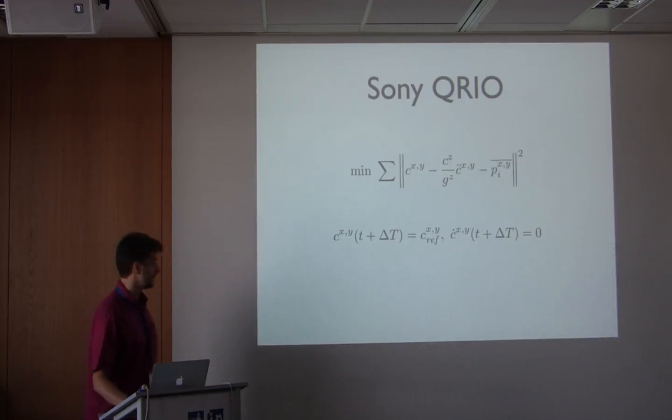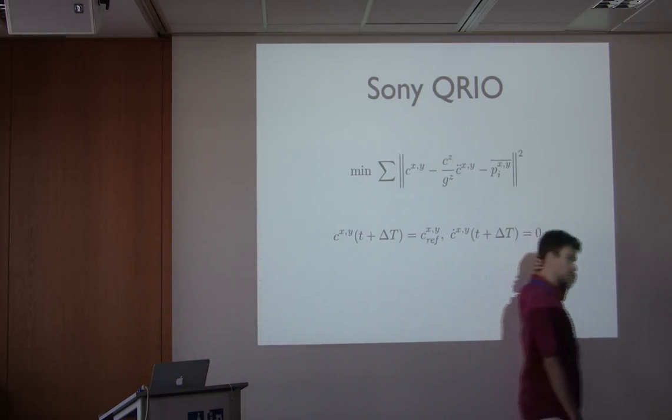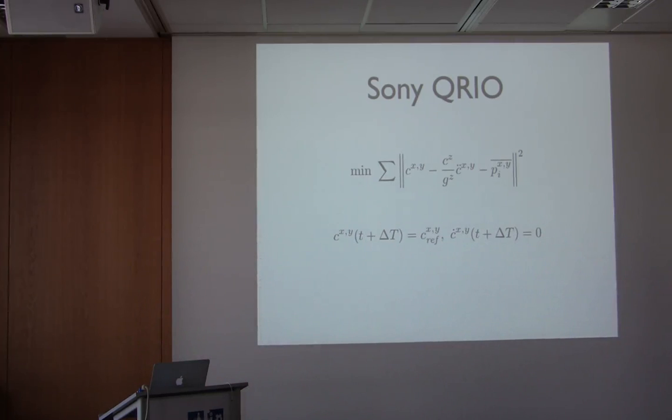The last one for this series with predefined footsteps is what was used on the Sony Qrio robot, which was a very impressive robot. Unfortunately, it was terrible news when they stopped working on the Qrio robot.